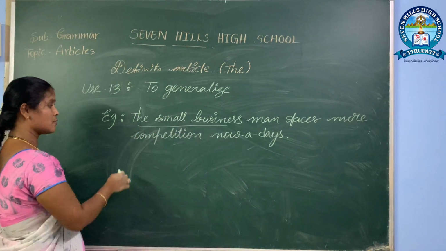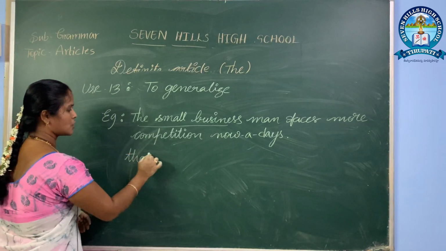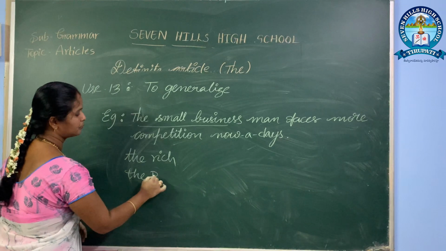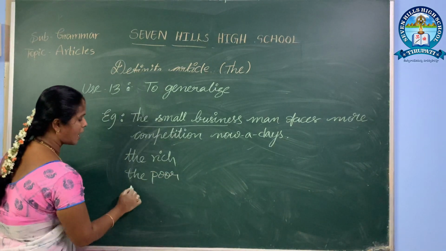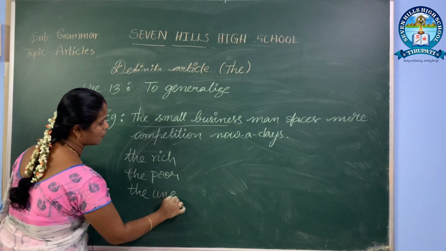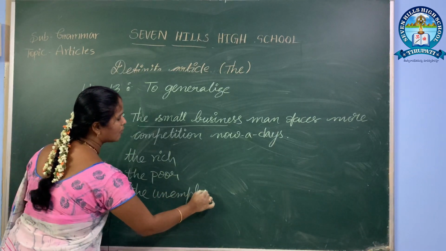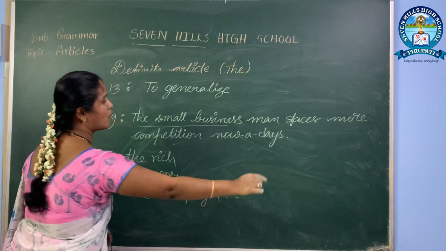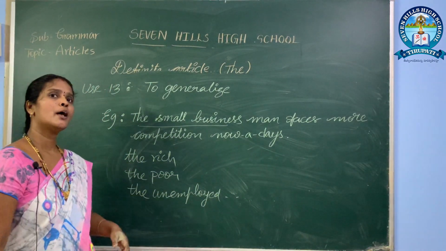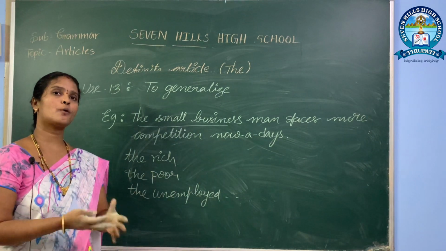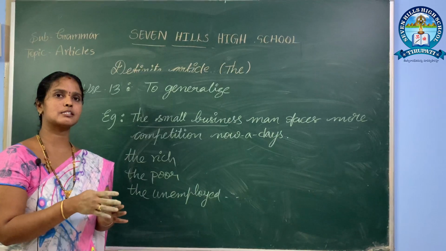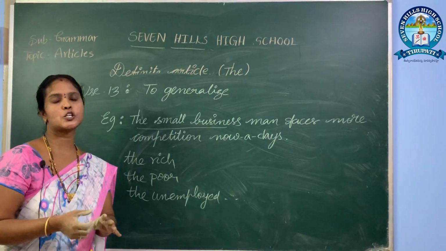Not only this, also we can use the rich, the poor, the unemployed, and so on. We can discuss in generally, and we use the to refer the names of the persons regarding their nationalities.